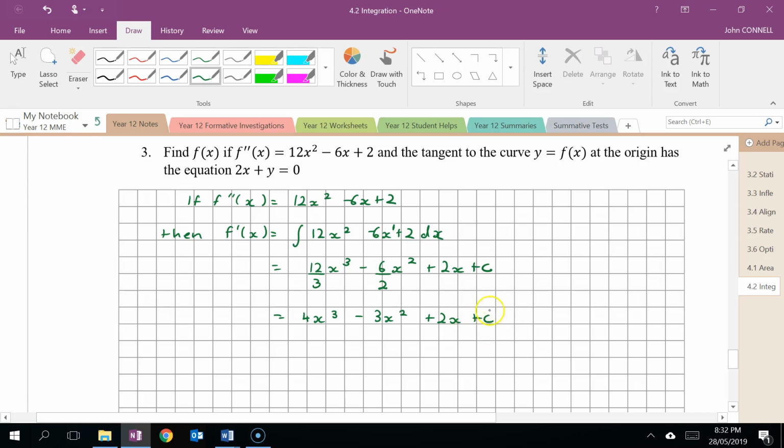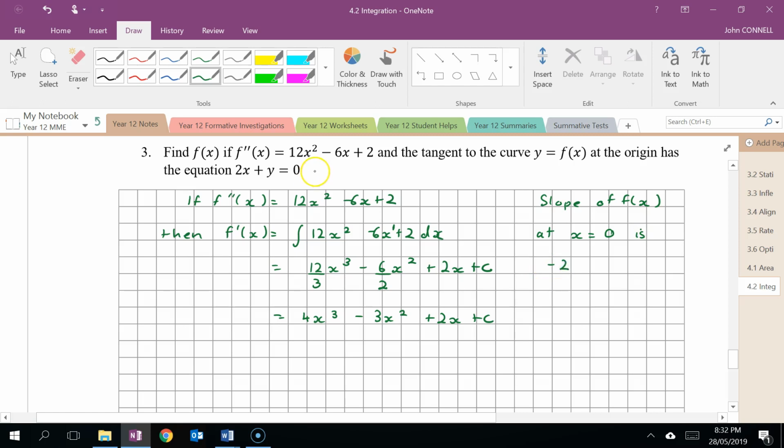Now, is there a way of determining what c is? Well, in this case, there is. So it says at the origin, the tangent has an equation of 2x plus y equals 0. So we can say that the slope of f of x at x equals 0 is minus 2.